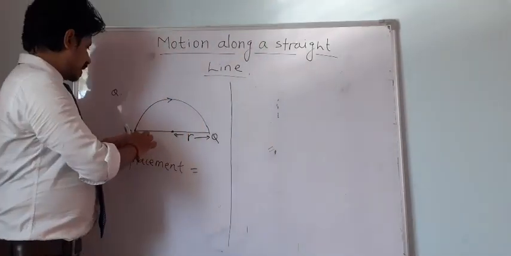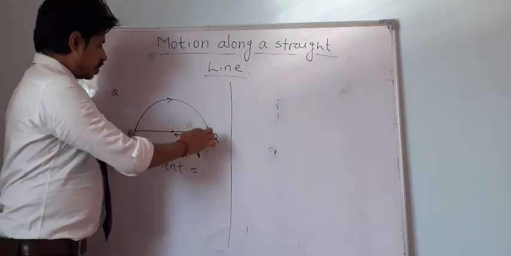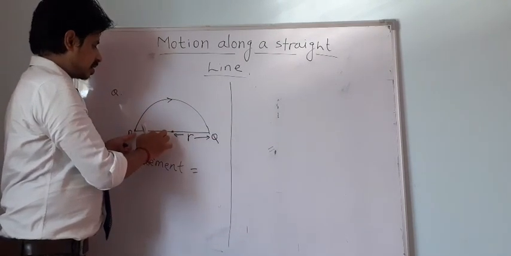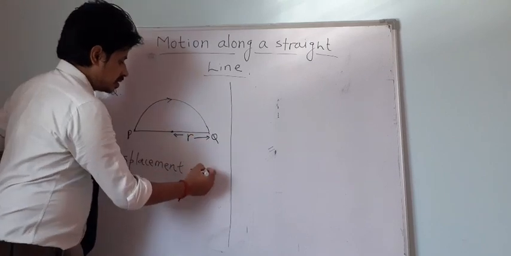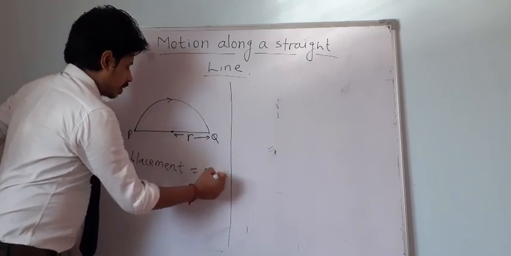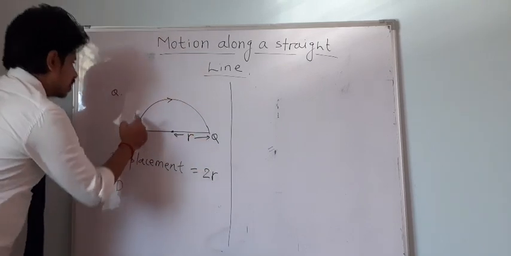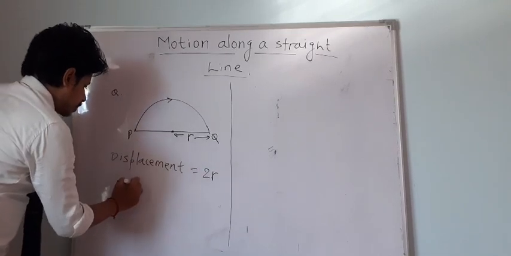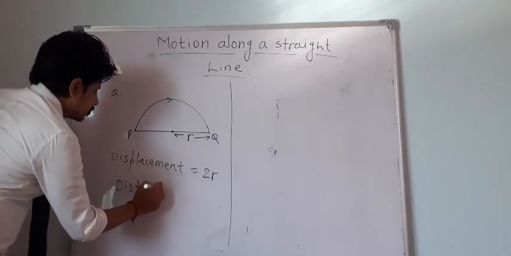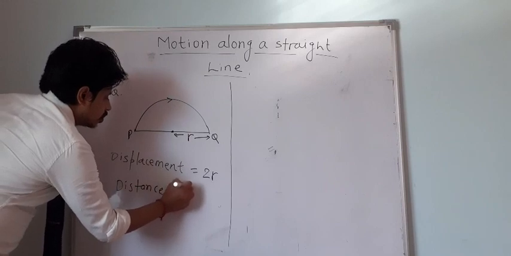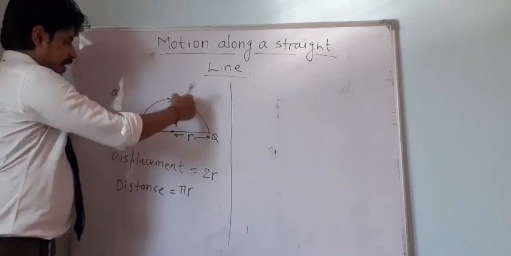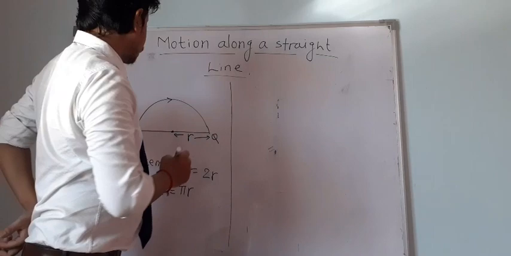So the displacement will be simply the straight line distance from P to Q, R plus R, simply 2R, and the distance, that is the total path length, is equal to pi R, the perimeter of this semicircle.